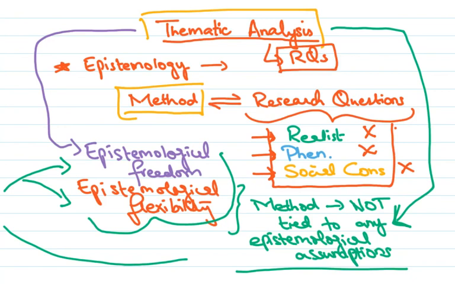And you can use thematic analysis with all three of these different approaches: a realist epistemology, a phenomenological epistemology, and a social constructionist epistemology. So here we'll put ticks instead of the crosses, because it's possible to create research that subscribes to any one of these different epistemologies using thematic analysis.